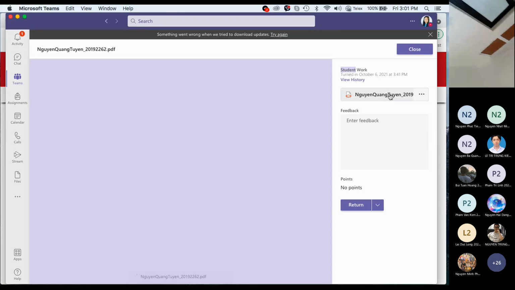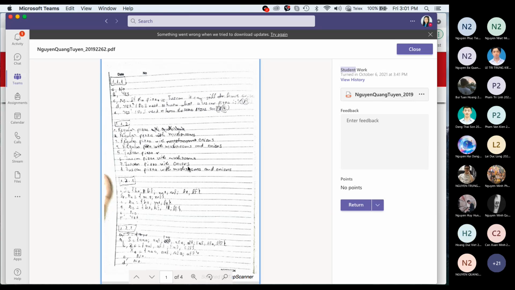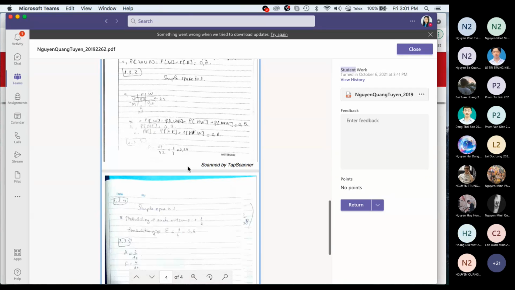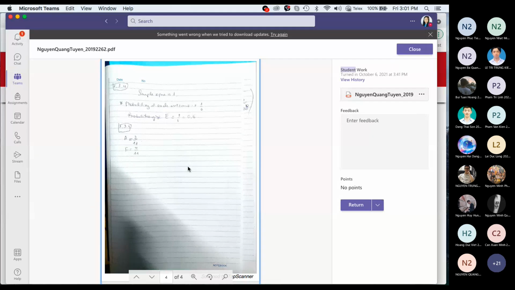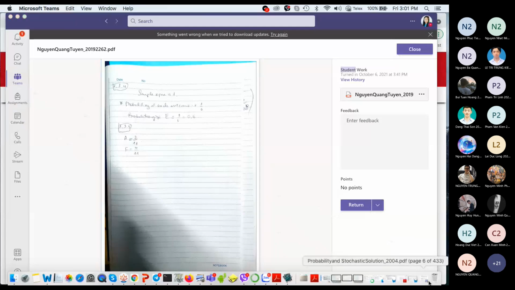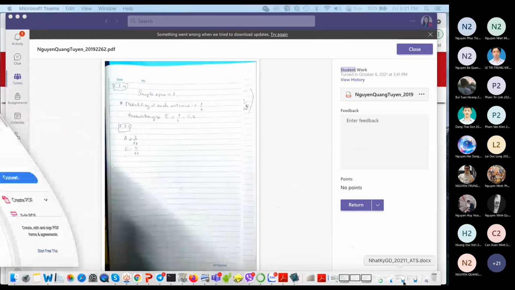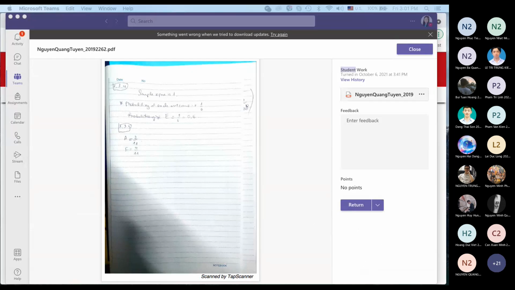Oh, nice. One PDF file. Oh, very good. Here's the book task. You do the exercise. Your solution is too short. How do I check now?